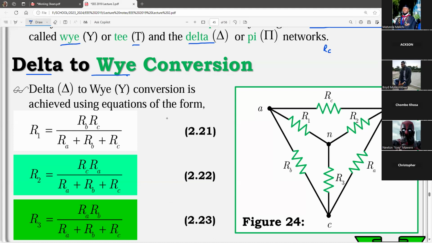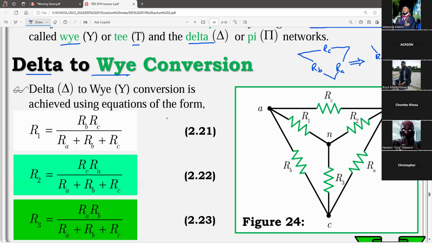RC, RA, RB. This is the delta connection. And then you want to convert this delta to the star, which is R1, R2, R3, like that. So convert this delta into that equivalent Y.